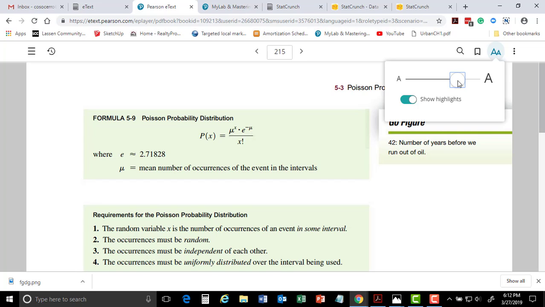The occurrences must be random, in quotes, and independent of each other. What does independent mean? The outcome of one doesn't affect the outcome of the other. Good. And the occurrences must be uniformly distributed over the interval being used.